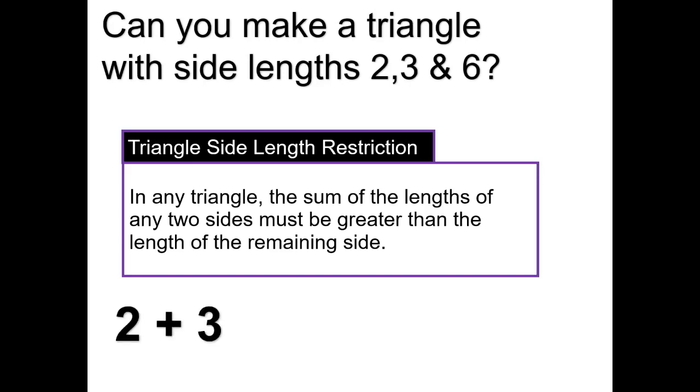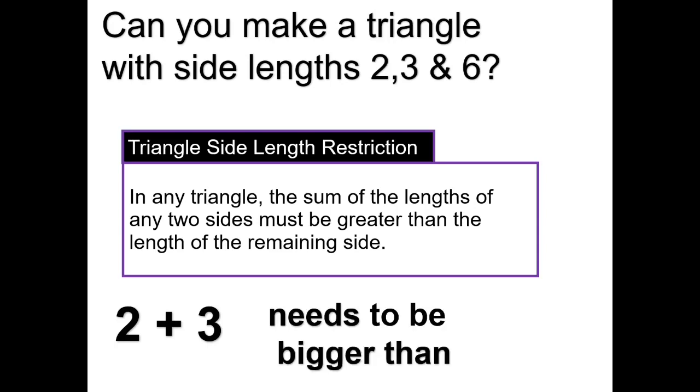So in this case, I would add 2 and 3, and the sum would have to be larger than the largest side. 2 plus 3 is not larger than side length 6. Therefore, a triangle cannot be made with this information.